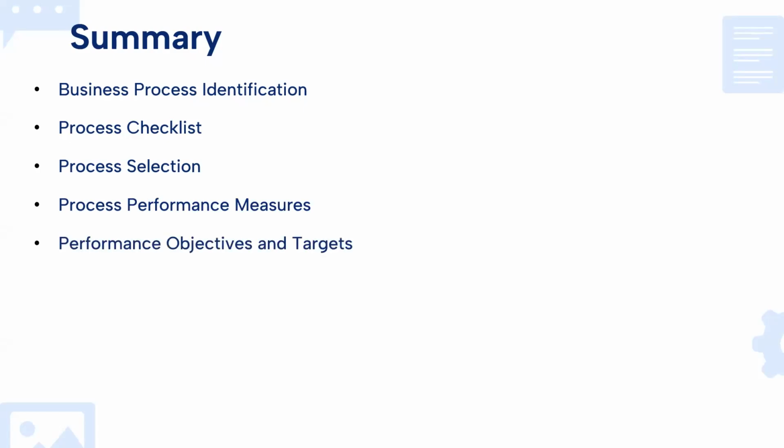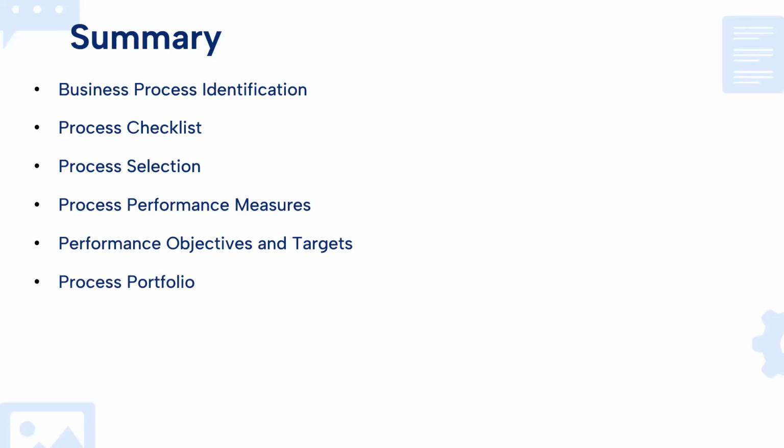Under process selection, after identifying all the processes, the map of processes of the organization, we have criteria to identify which processes we should focus on for BPM initiatives, and process performance measures. We use process performance measures to identify baselines. Using the baselines, we have defined objectives and targets for the BPM initiatives. We use the process portfolio under process selection to identify which processes we should select within an organization.